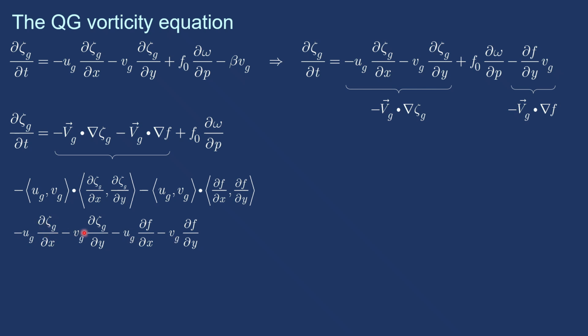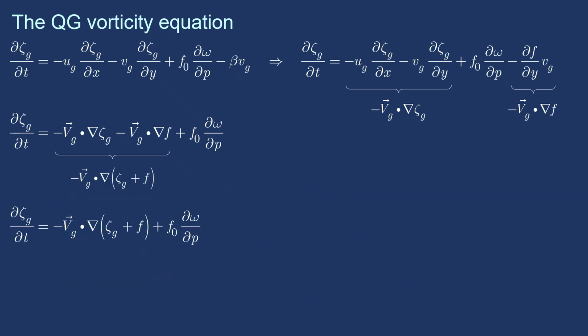Now we can factor out some commonalities. We have two terms that involve minus UG partial X, and we have two terms that involve minus VG partial Y. So we put those together and factor out, and what's left over each time after the factoring is zeta G plus F. And so we have a partial X of zeta G plus F, and we have a partial Y of zeta G plus F, which sounds like the gradient of zeta G plus F. And so that leaves us with this as our result, negative VG, our geostrophic wind, dotted with the gradient of zeta G plus F. And so these two terms will combine into this single term.